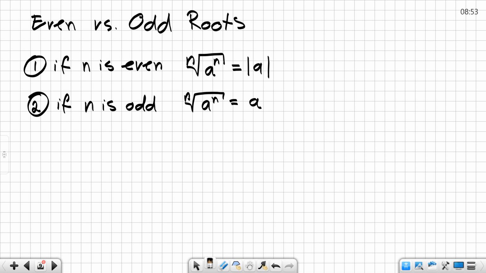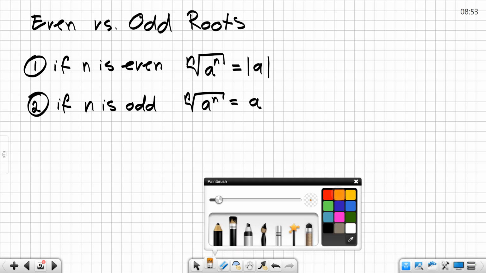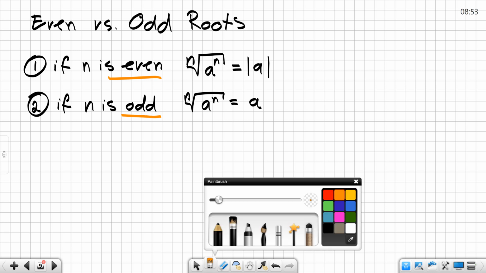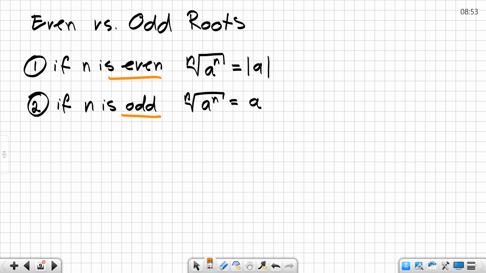Now, let's go higher with the radicals. If n is even, then I get that the nth root out of a to the n power is the absolute value of a. If n is odd, then I get that the nth root of a to the n is just a. What does this mean? Well, let me give you an example. N even, an even number, 4. 4 is an even number.